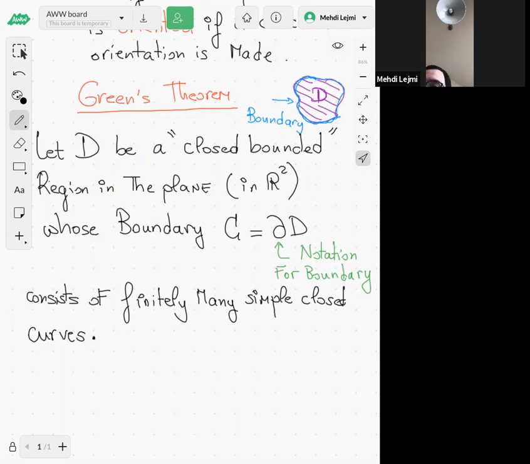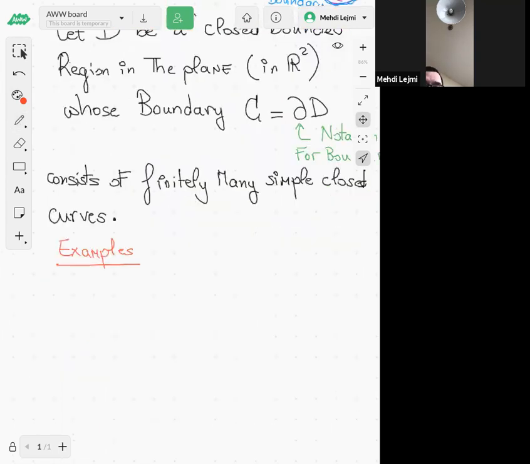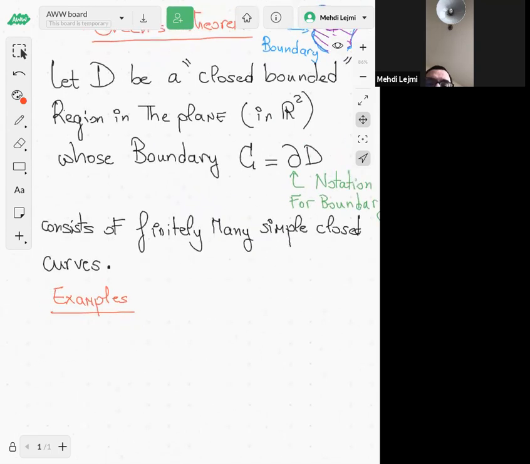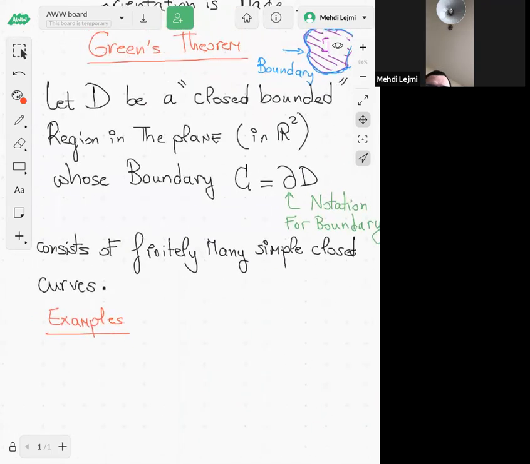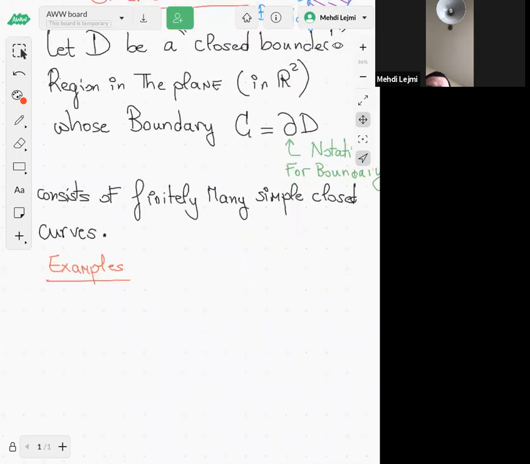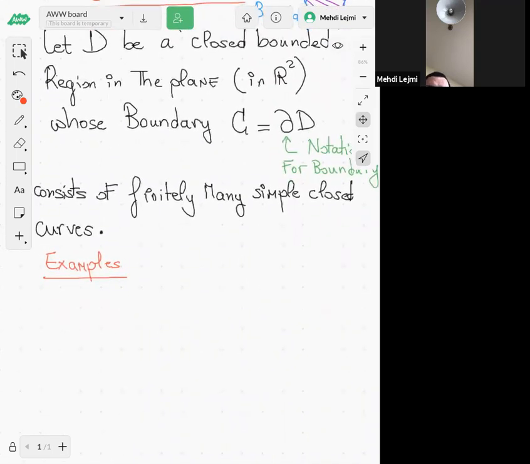So, for example, of course, I didn't finish Green's theorem. I'm trying to explain what I mean by having this region D with boundary C, consisting of finitely many simple closed curves, right?